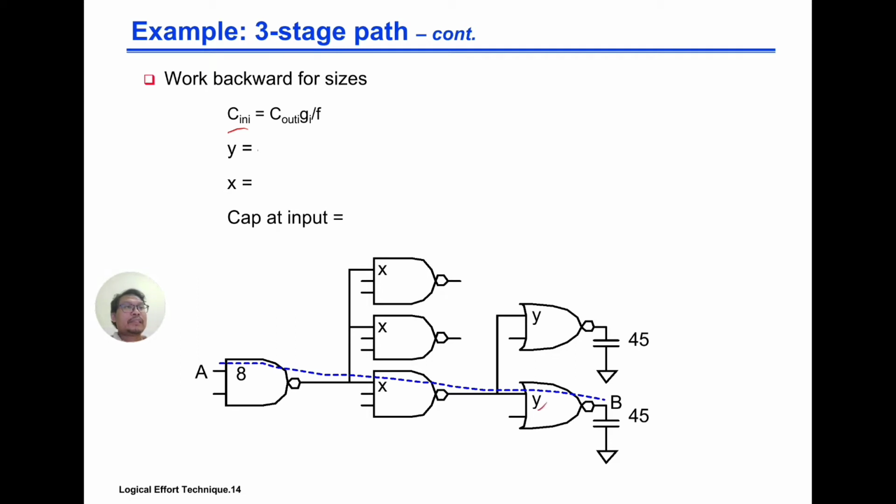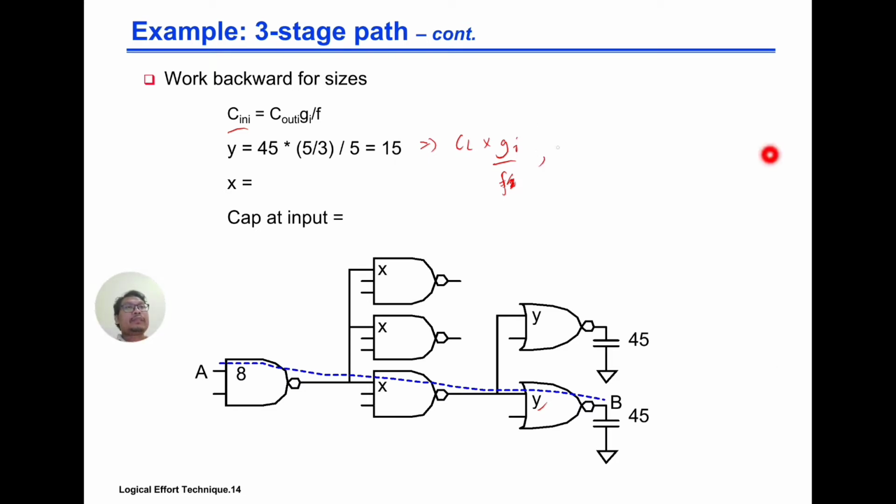In order to get the size Y, it's just 45 times 5/3 divided by 5. So here it is actually C L times g over f.